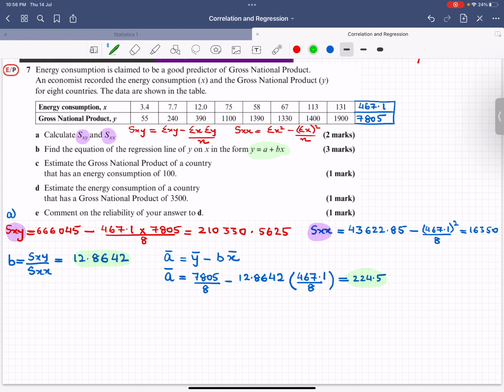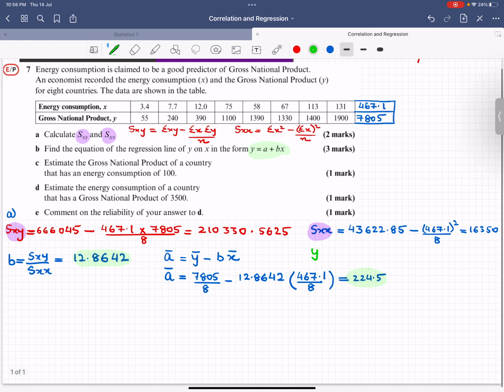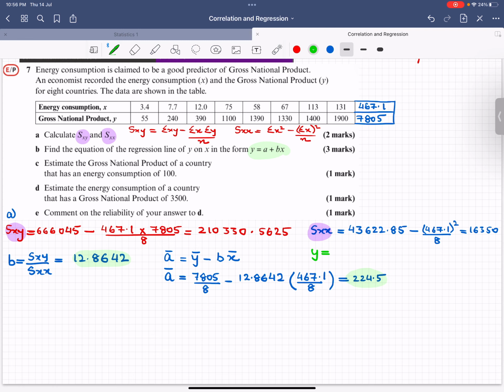So we have y is equal to a, which is 224.5, plus b, which is 12.8642, into x, and that is the equation of regression line. So that answers part B.